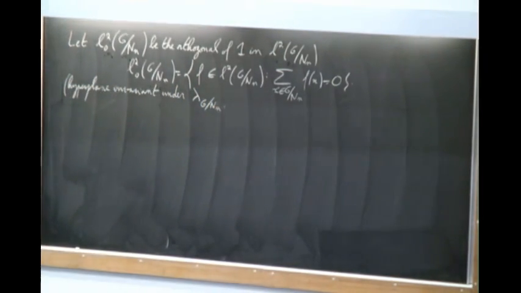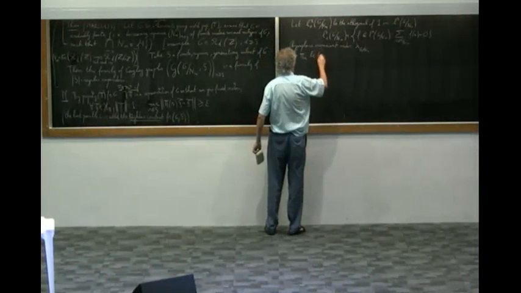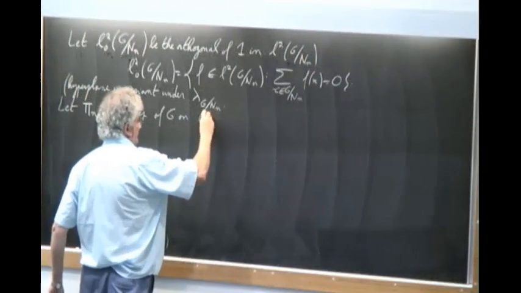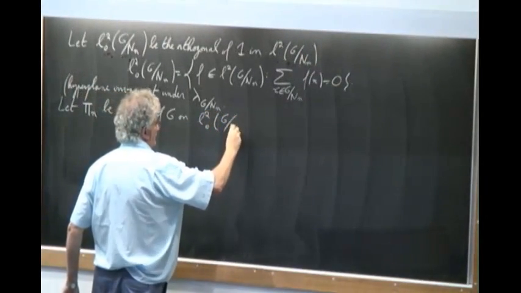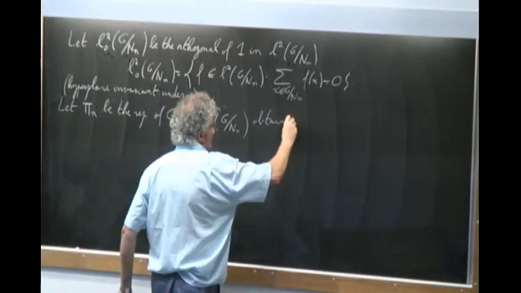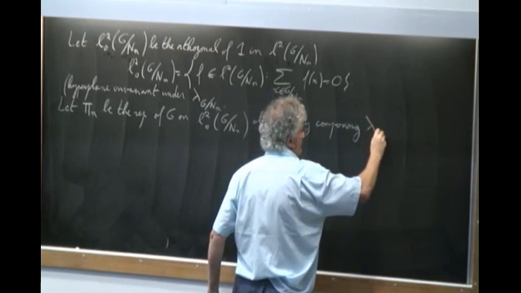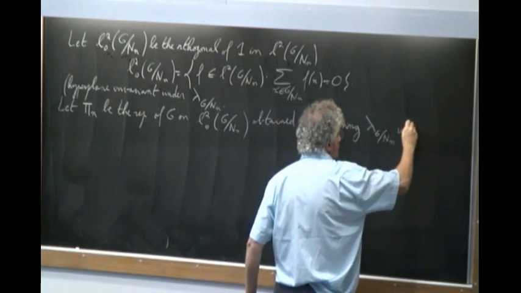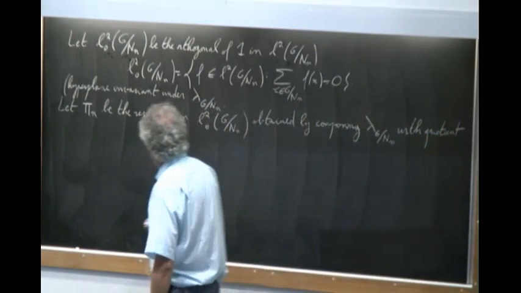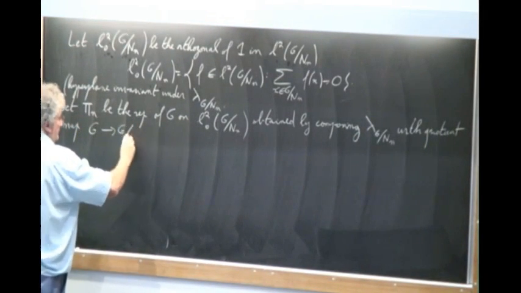And so let pi_n be the representation of G on that hyperplane L^2_0(G/N_n), obtained by composing the left regular representation of the quotient with the quotient map from G to that quotient.